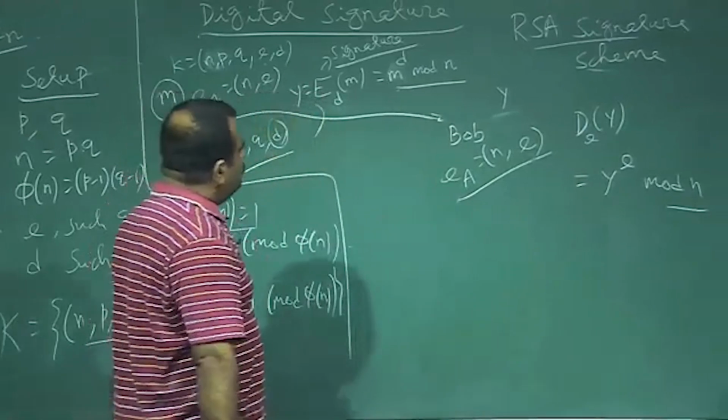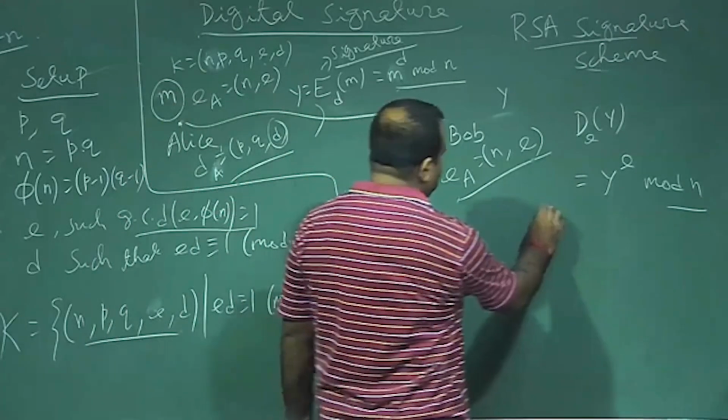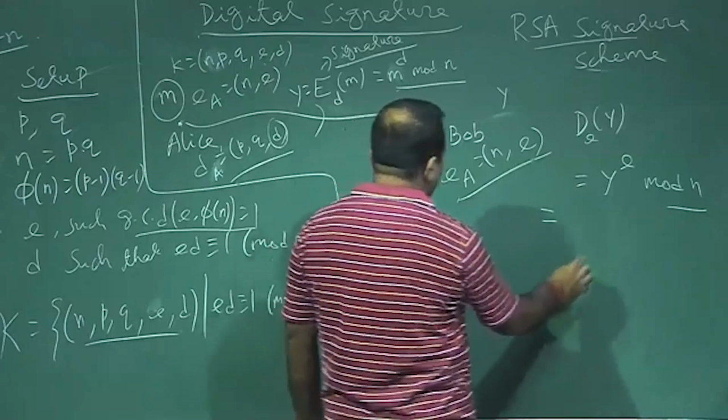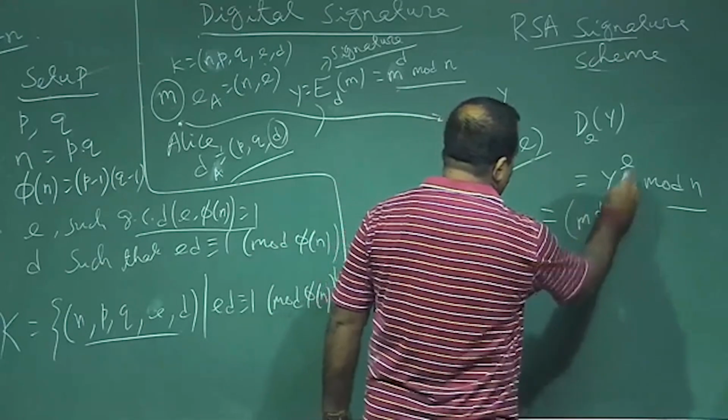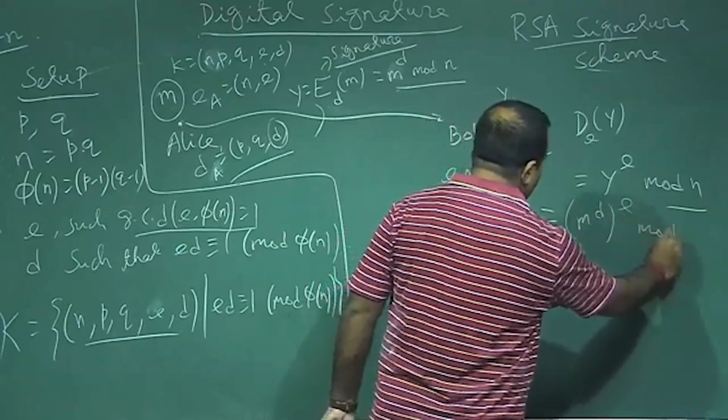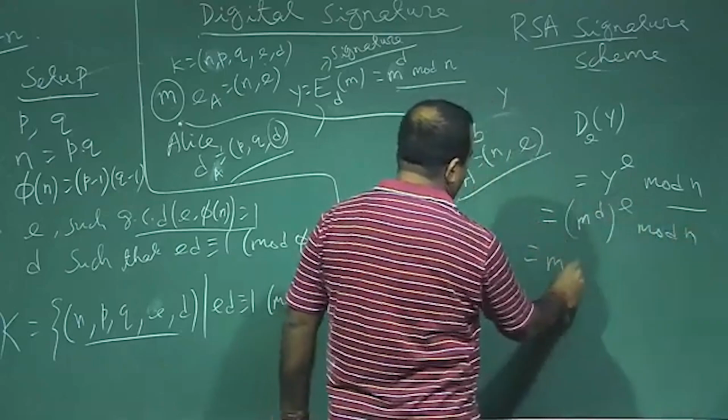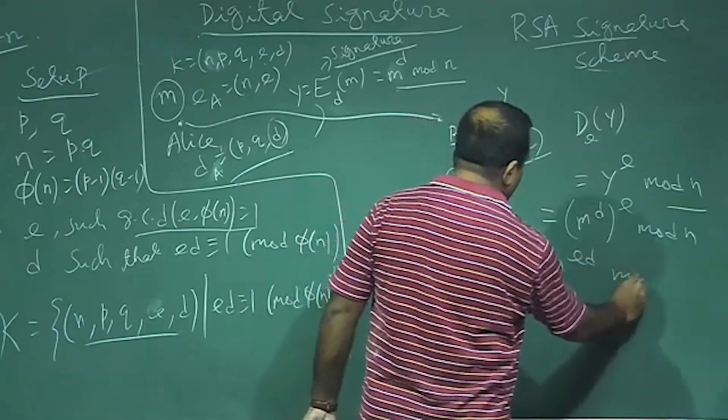Now, how will it give us M? Y is basically M to the power D, now to the power E mod n. So, this is basically M to the power E D mod n.